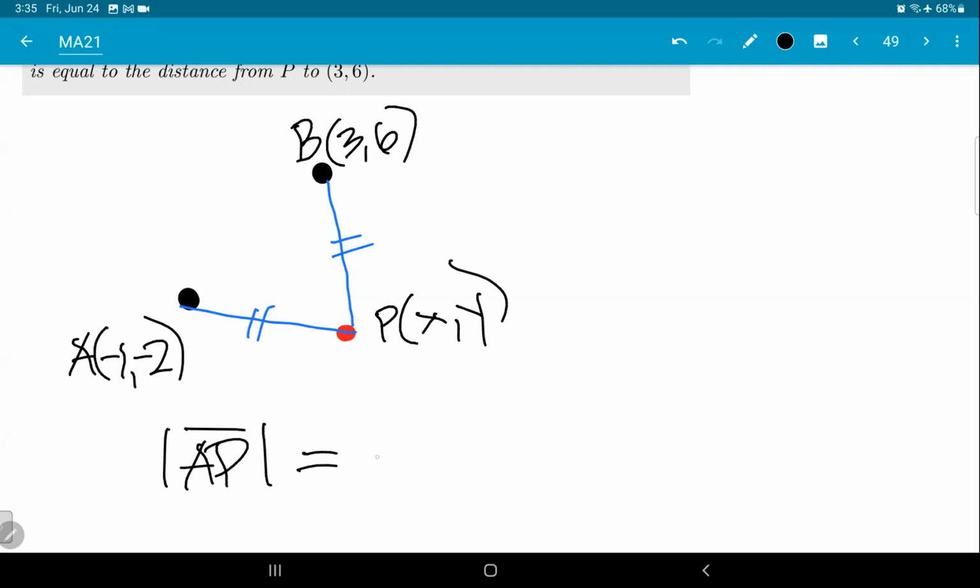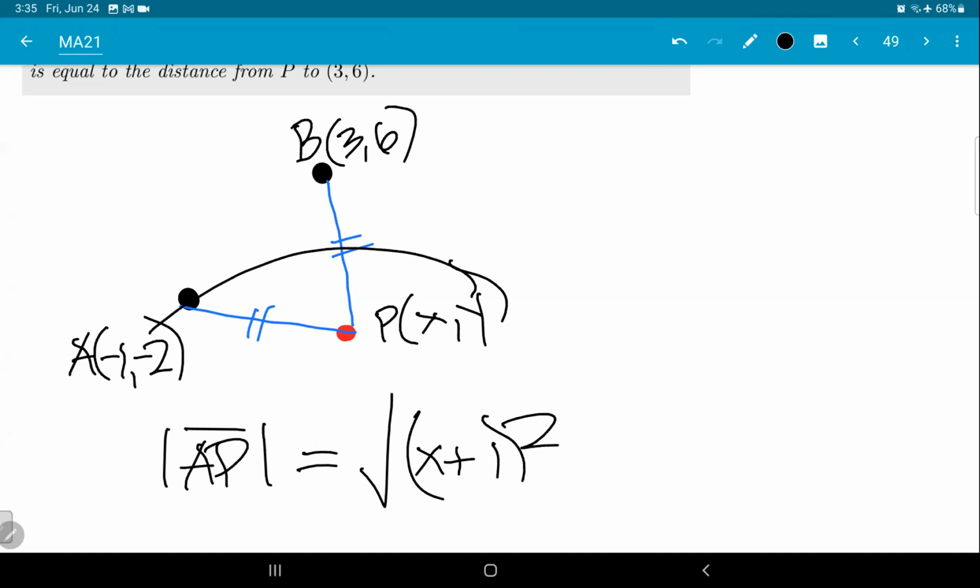The distance formula will give us, remember, the sum of the squares of the differences of the corresponding coordinates. So x minus -1 squared, then y minus -2 squared, square root.